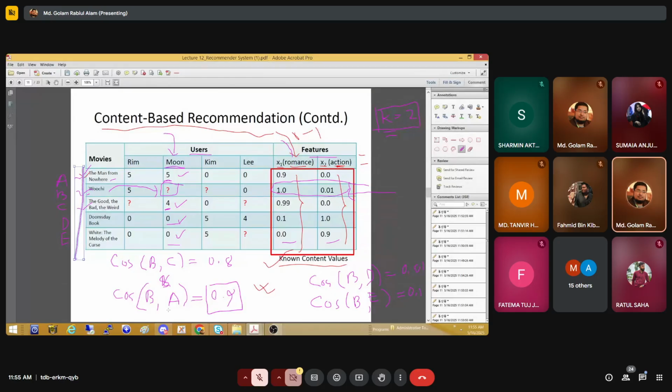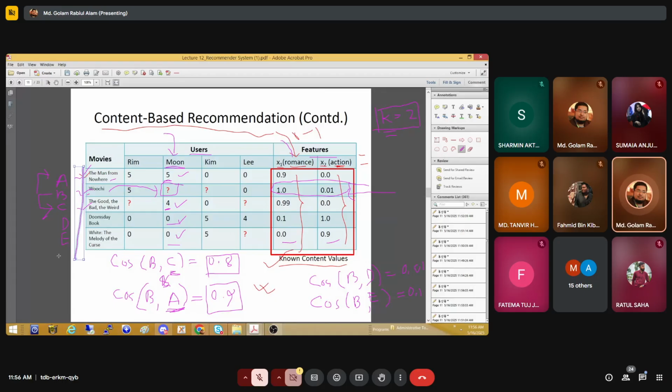That means A has the highest similarity value with B. Similarly, we have to find another one because we considered K equal 2. So this one is also another, that is C. So B and C, and B and A are the ones actually similar to B.